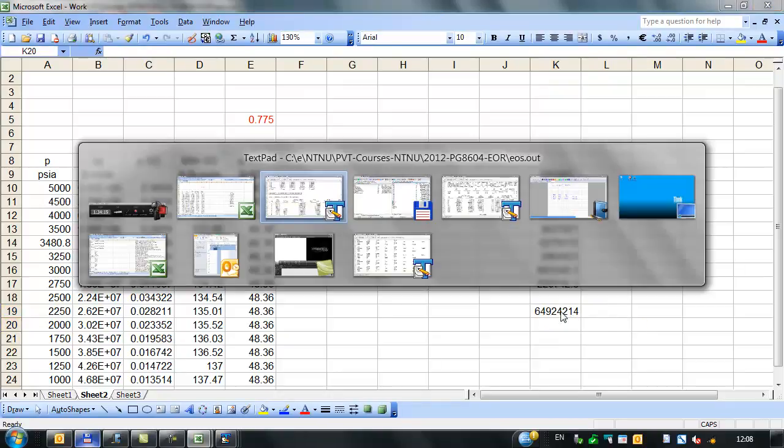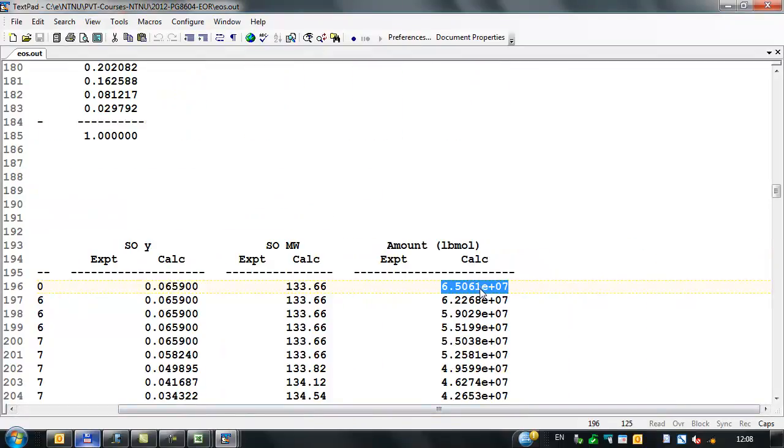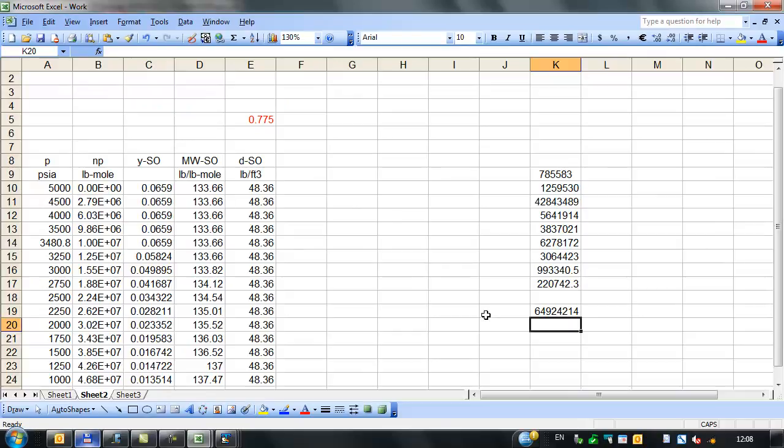And this was okay, 0.2%, that we can accept.